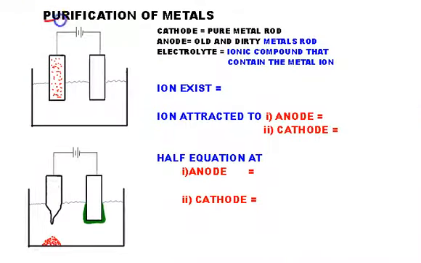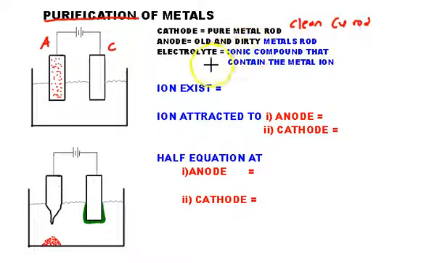Okay, for the purification of metals, let's say this is the anode and this is the cathode. At the cathode we will put a pure metal rod. Let's say we are using copper, so this is a clean copper rod.